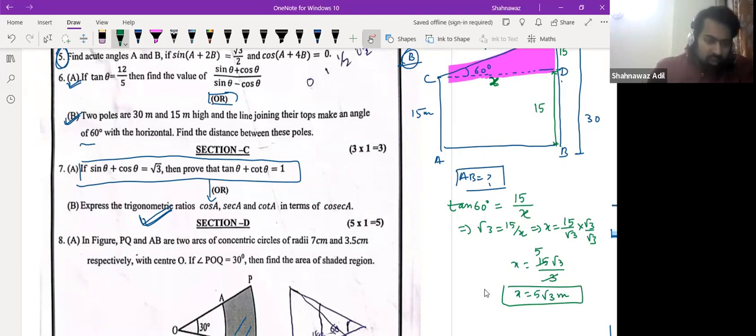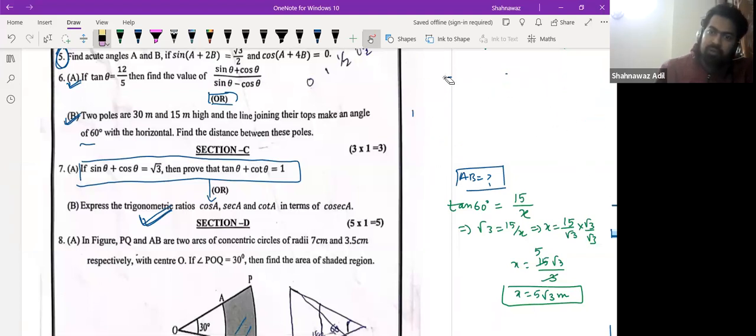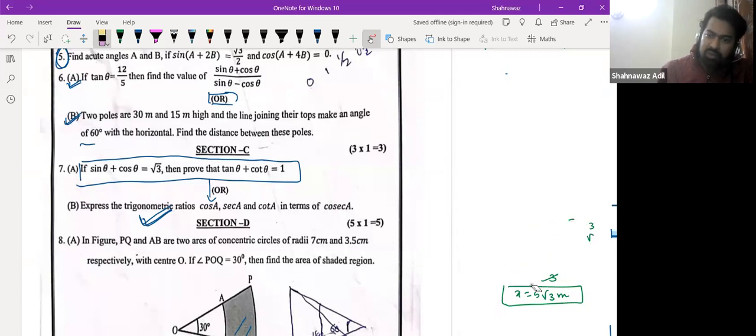Good. So the next one is the tough one, right? Please solve this seventh A part. But the B option is easier.